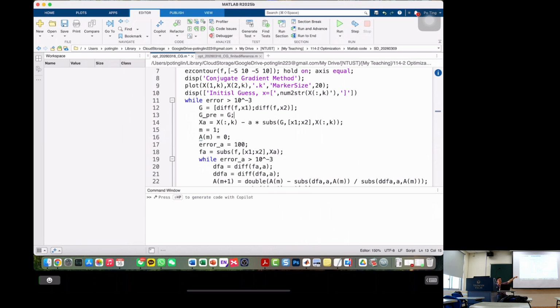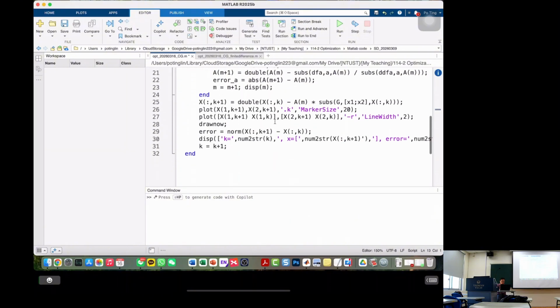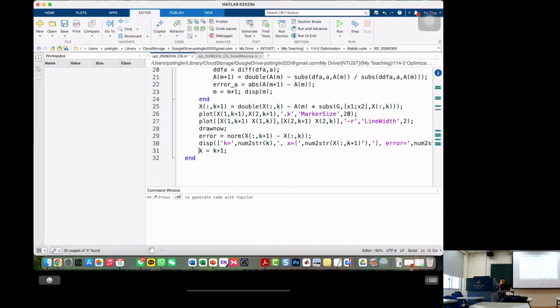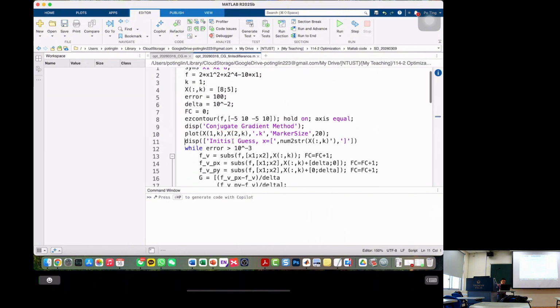So g pre is my previous g. No, I shouldn't do that here. I should do this when everything is done, right before I move to the next iteration. So whatever g I have in this particular iteration becomes my previous g, right?